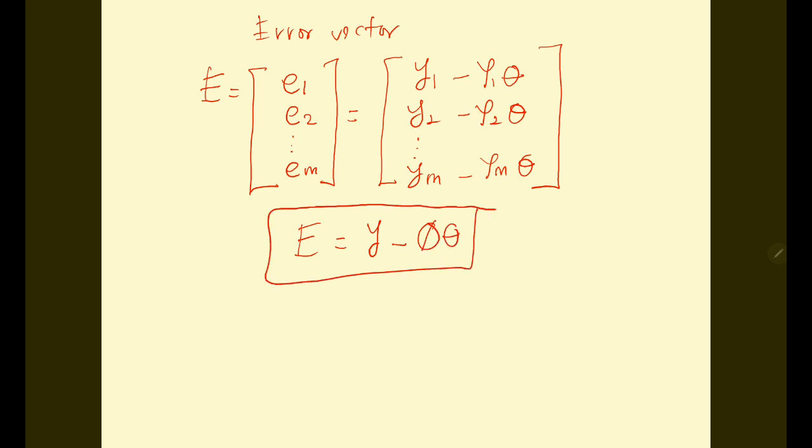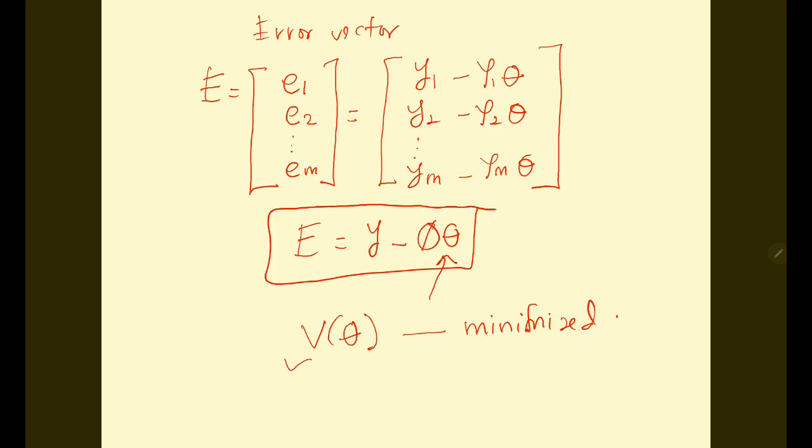Okay, the problem is to estimate the unknown parameter vector theta so that the following quadratic criterion function V theta is minimized.